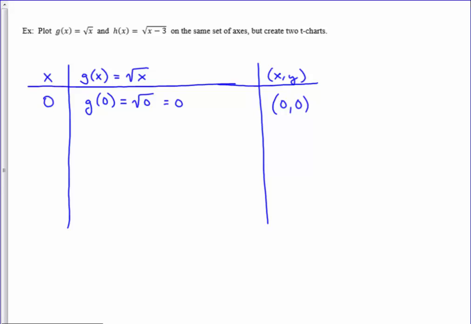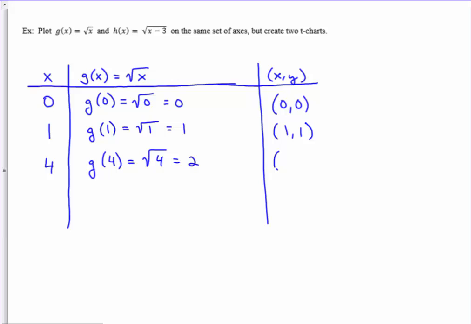Now choose values that are easy to take the square root of. So in this case, I can then choose 1. g of 1 equals square root of 1, which equals 1. So I'd have an ordered pair 1, 1. The next easiest value to take a square root of would be 4. g of 4 would equal the square root of 4, which equals 2.